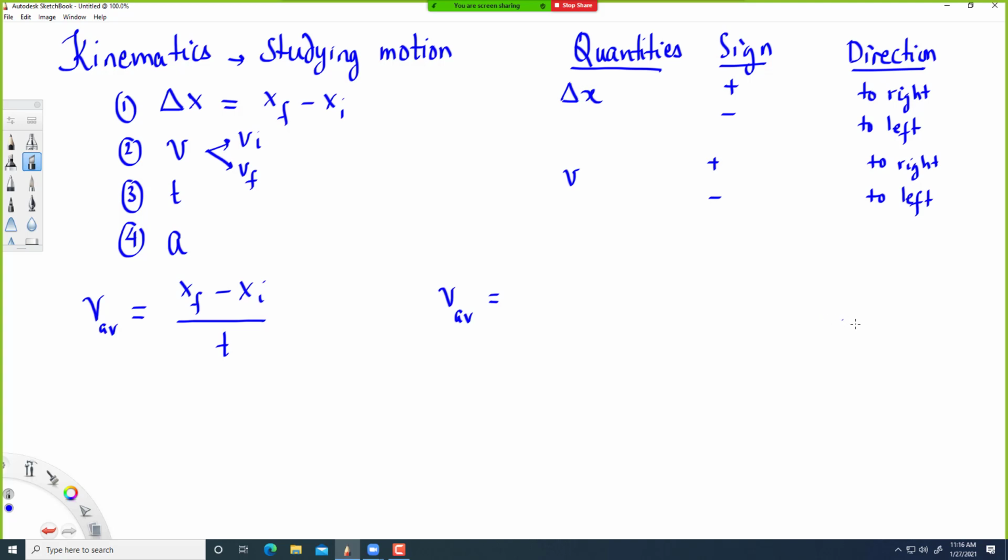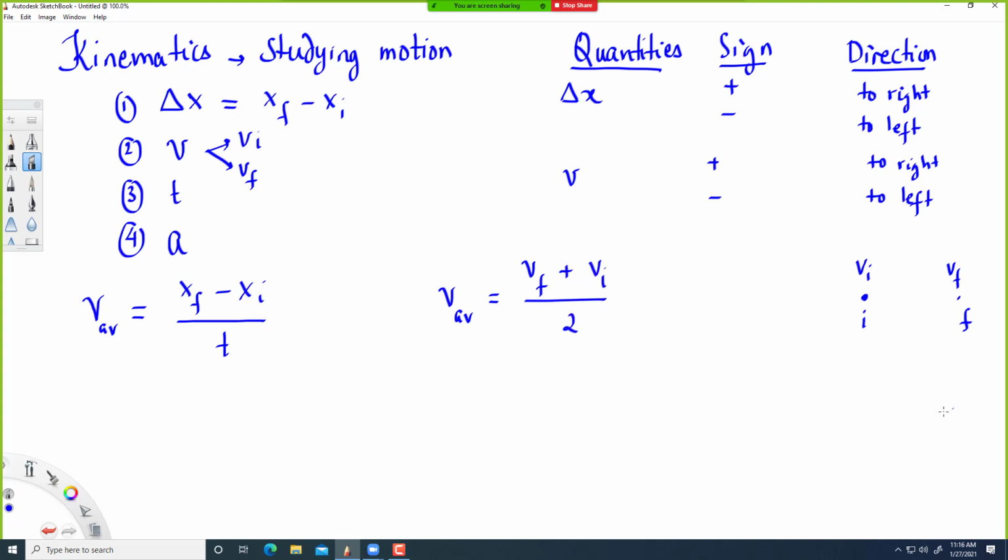For example, you want to find the average velocity between vi and vf. So you know the velocity at this point, and you know the velocity at this point, and how do you find the average of these two velocities? You just add them, right? So take this velocity, add it with the second velocity, and then divide by 2.